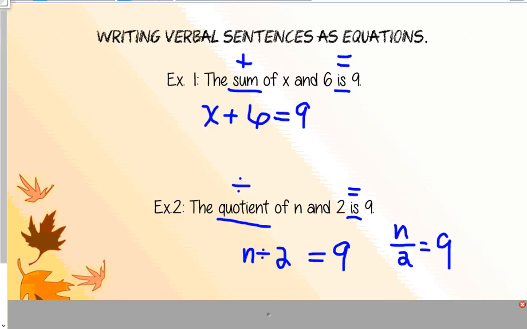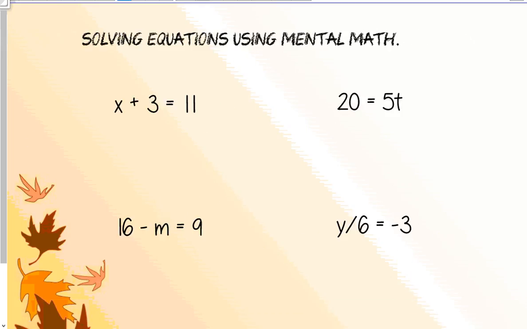The last thing we're going to do is solve equations using mental math. When they talk about using mental math, all they mean is just do it in your head. These are easy enough equations that you should be able to figure them out in your head. For example, the first one, we have x plus 3 equals 11.